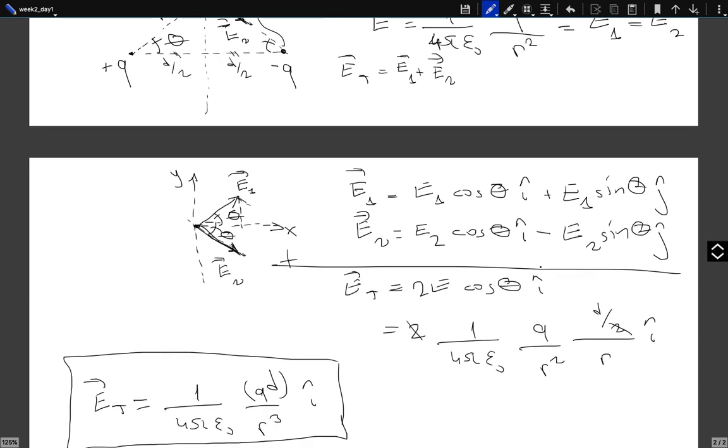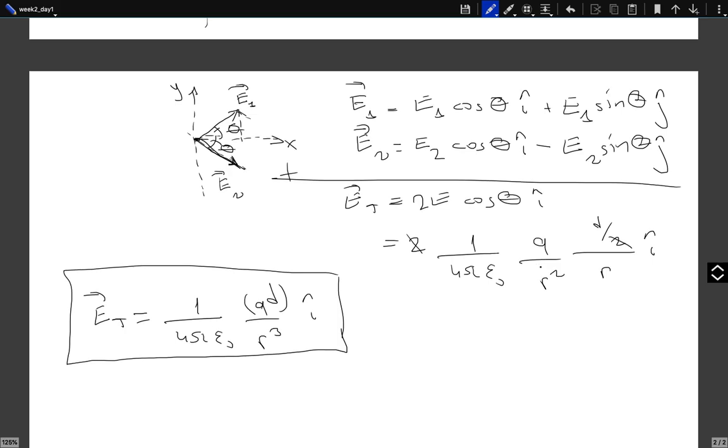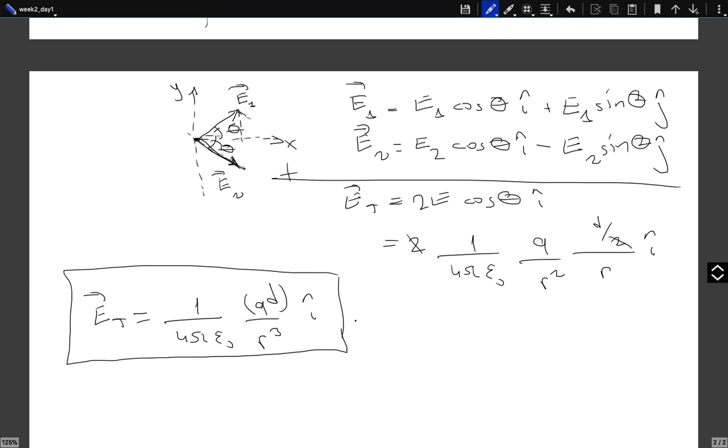Then I simplified by replacing some of the unknowns in terms of the other quantities given in the problem, like cosine theta. I could just read it from this right triangle. This is the angle, the adjacent side is d over 2, the hypotenuse is r. So the cosine of that angle is d over 2r. That should be enough for now.